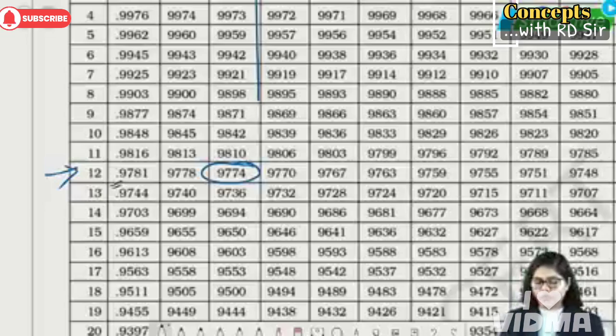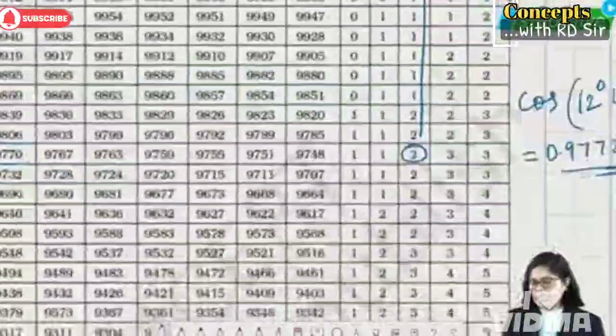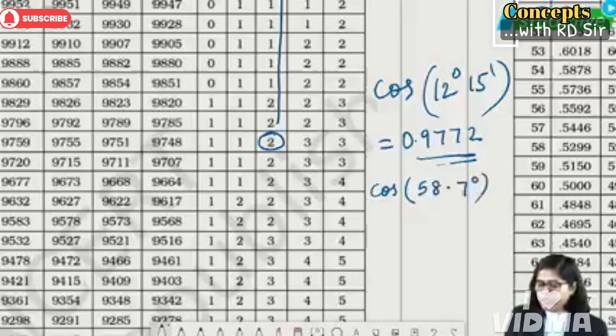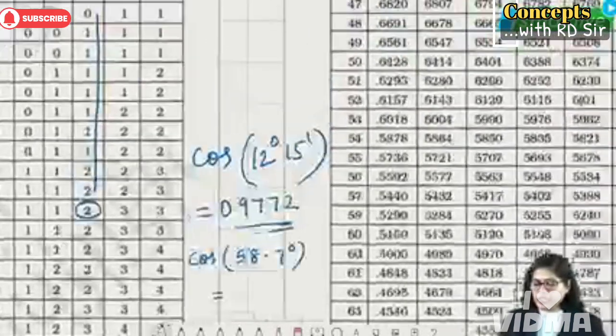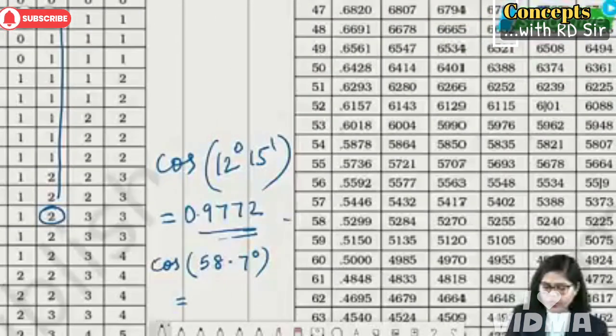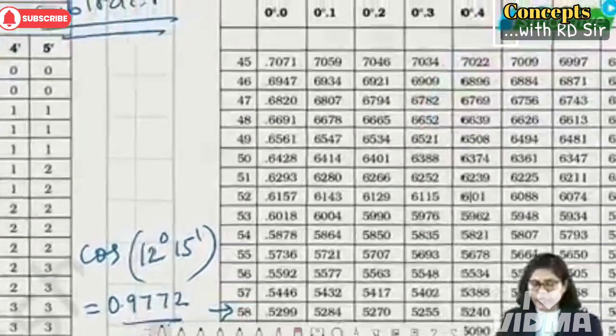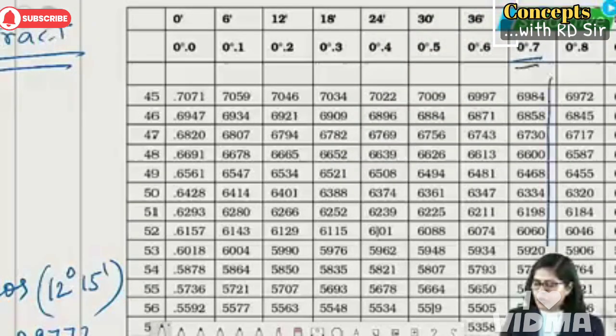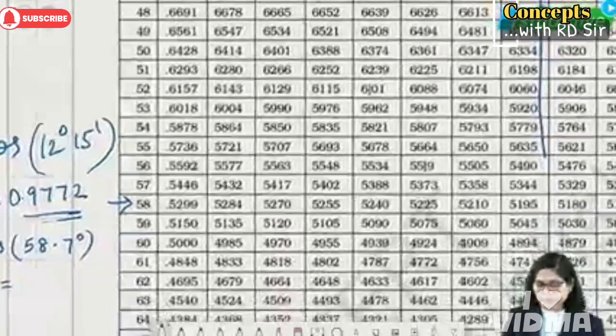Okay, so this is how we are getting here, right? Now let us talk about another value, say cos of 58.7 degree. If this is a number 58.7 degree, now let us check that. This is again cos value 58 is there and 0.7. It is very easy if degrees are given 0.7. So in this column I am going to check, right?